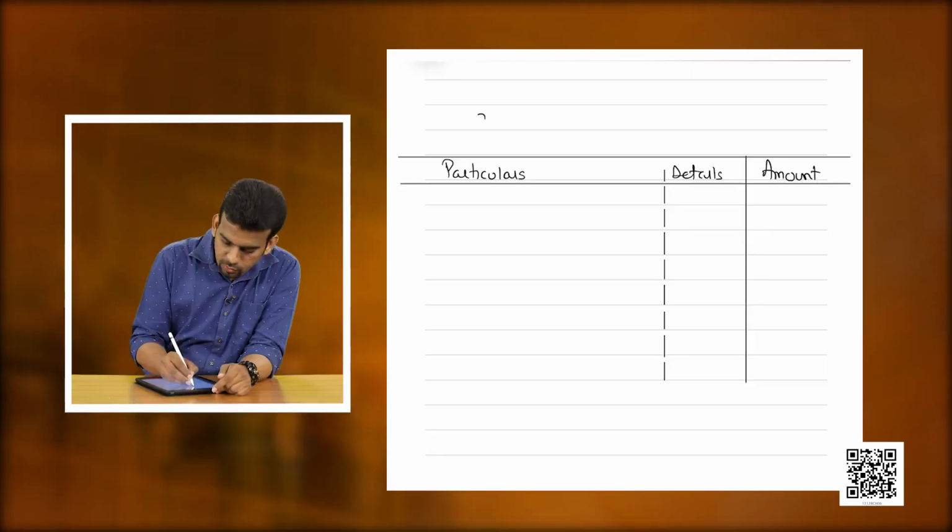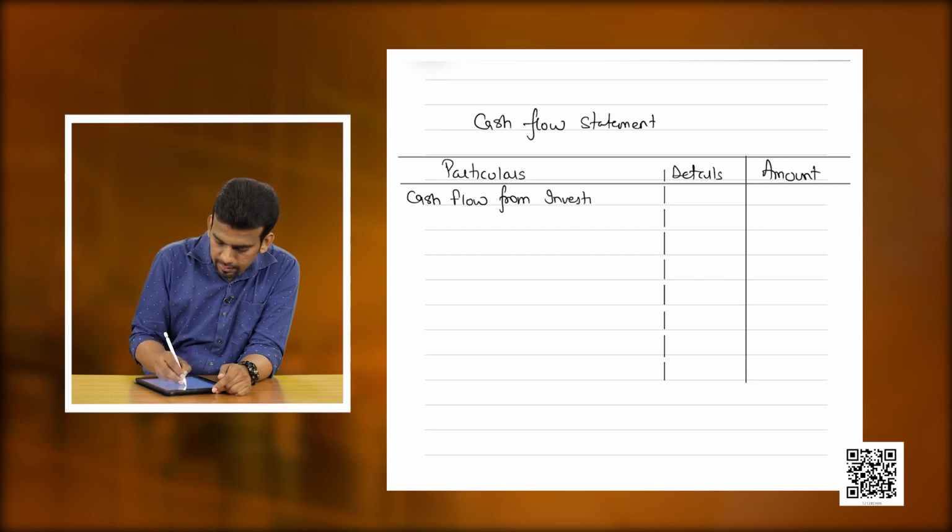The first thing is goodwill. Goodwill has increased from 50 to 250,000. That means a pure outflow of cash. Cash flow statement. And the thing which we are starting is cash flow from investing activities.